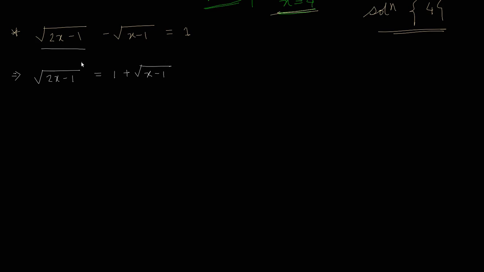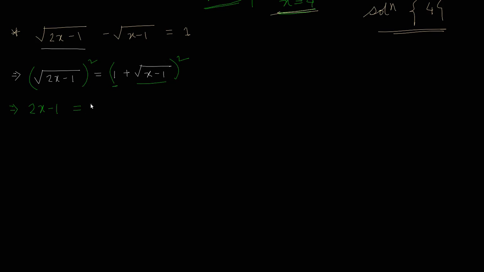Now as before, we are going to square both sides. If I square both sides, on the left hand side the square root and square cancel out, so I am left with 2x minus 1 equals, now this is (x plus y) square.